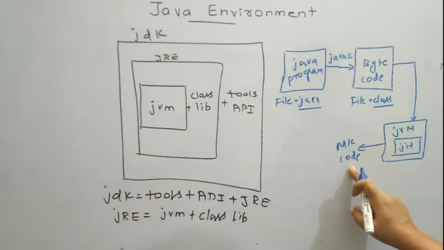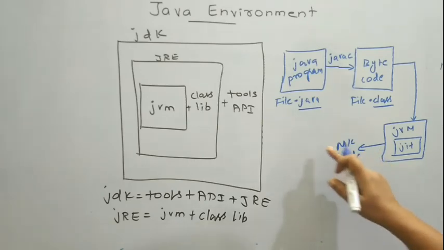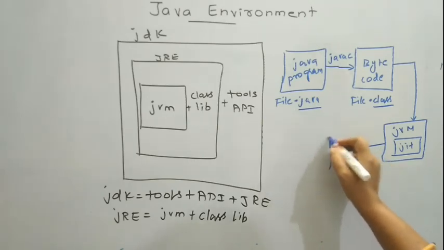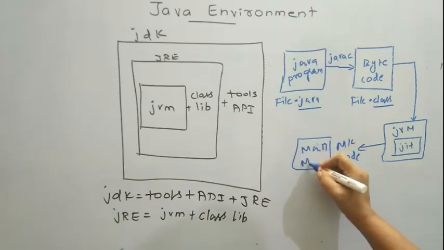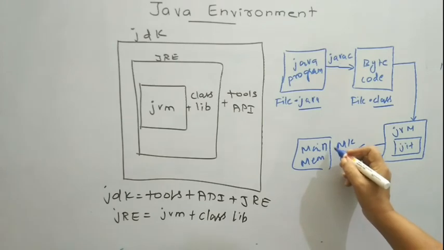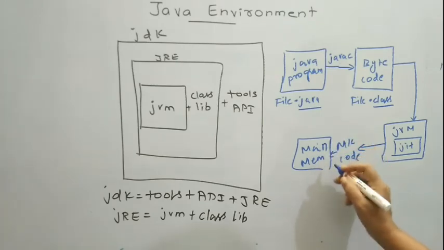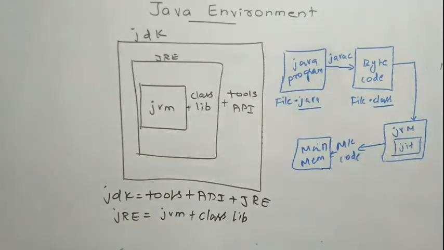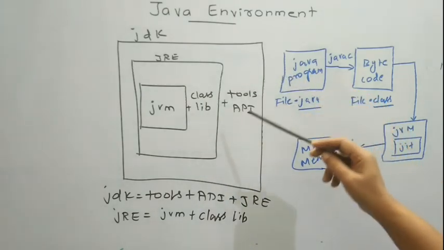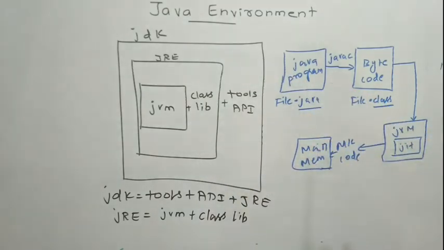After converting into the corresponding machine code, it is verified and loaded into main memory for execution. The machine code is loaded into main memory, it is verified, and it executes our machine code. So this is the software development environment JDK provided to develop and execute our Java program.